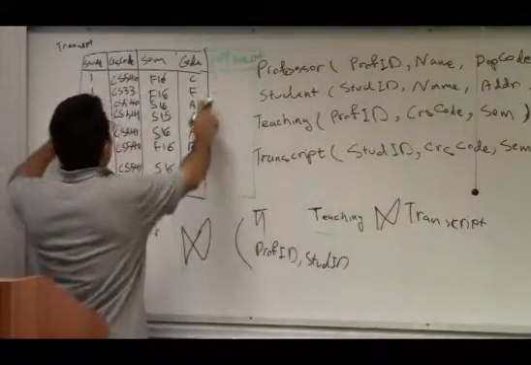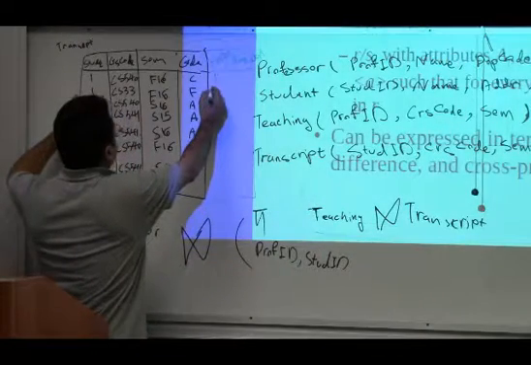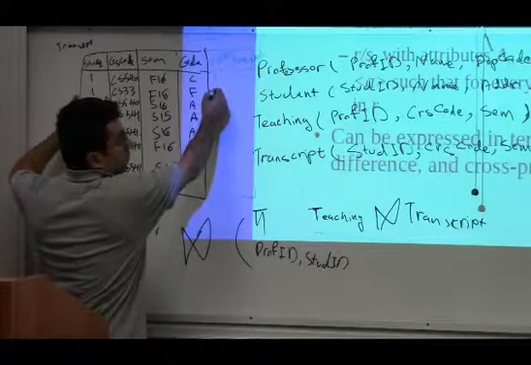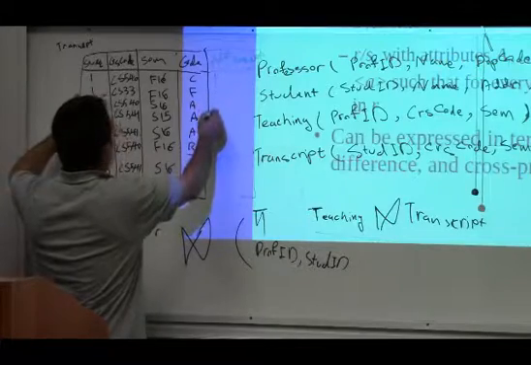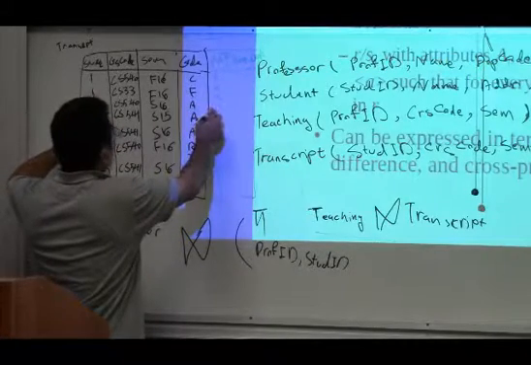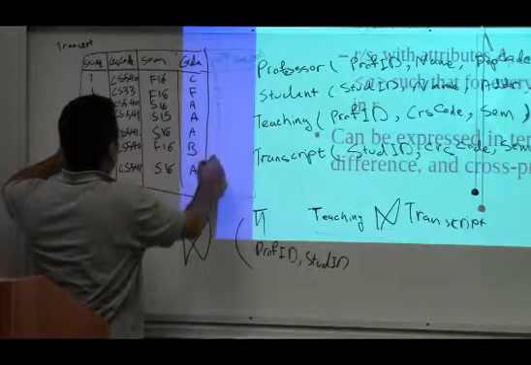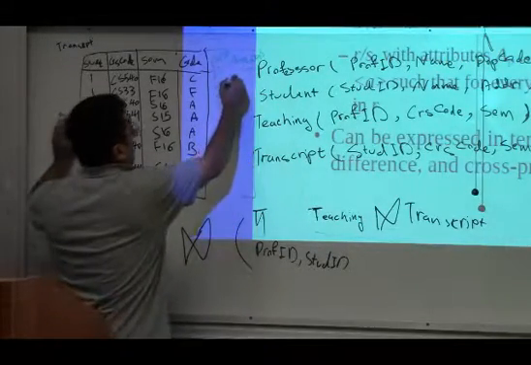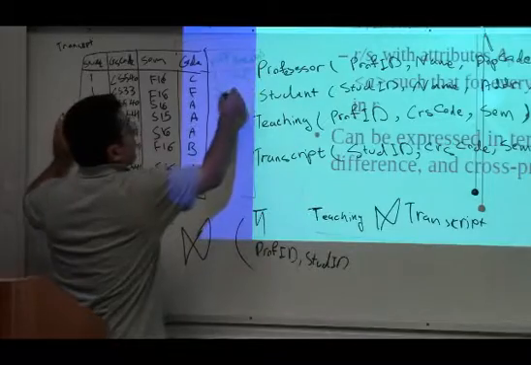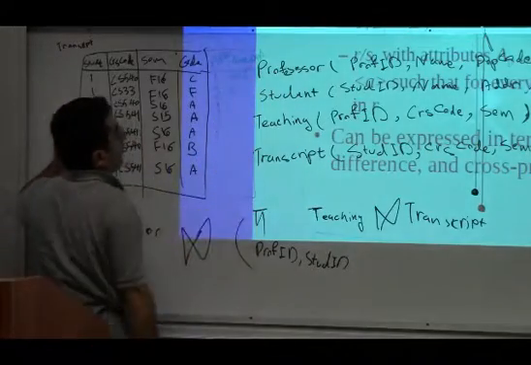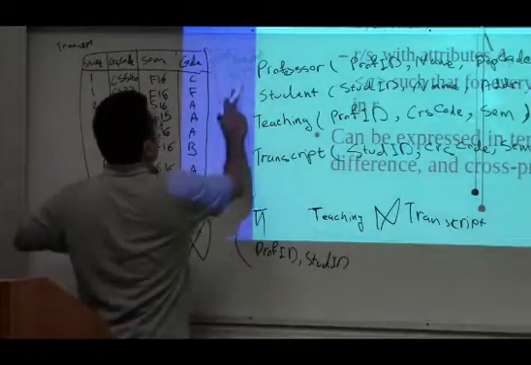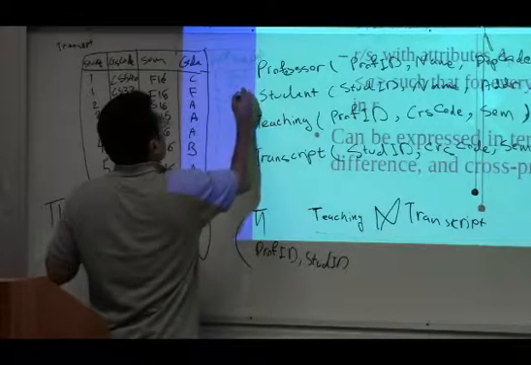Okay, then Professor Mahmoud will be here, Professor Julius will be here, then Professor Mahmoud, Professor Mahmoud, Professor Mahmoud and Asif. Sorry, the second one is Julius.